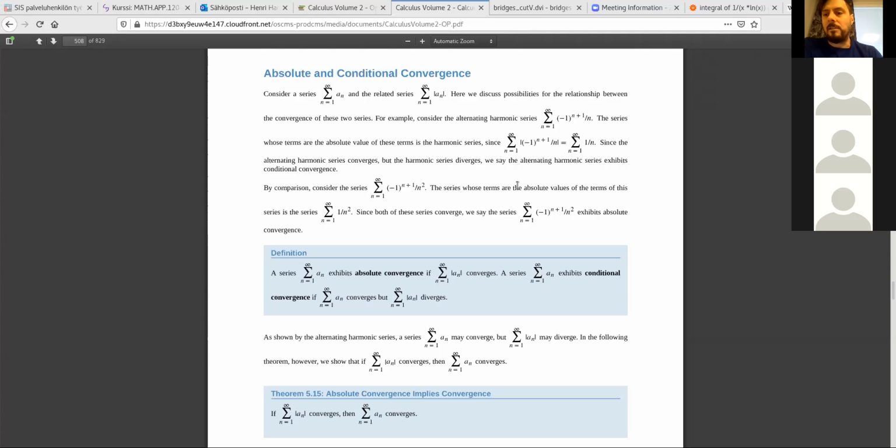It's not necessarily obvious, but similarly to the integrals and so forth, if we can say that this absolute convergence happens, it means that even if we take the absolute value of A_n and then add those, that converges.